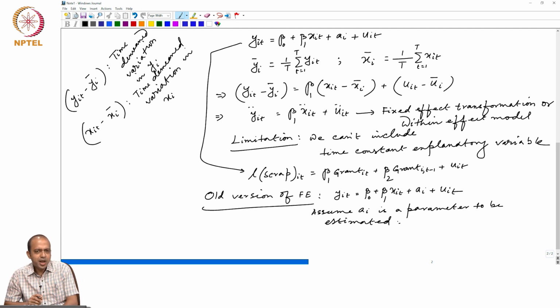Why is A_i a parameter? Because A_i basically indicates the unobserved individual-specific, time-constant effect. So, in some way, we are trying to accommodate the fact that individuals are different in terms of some kind of unobserved effect.